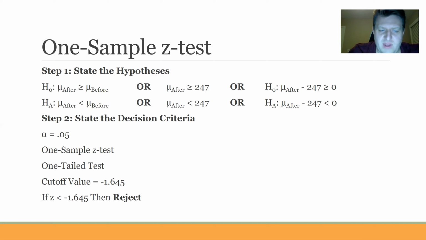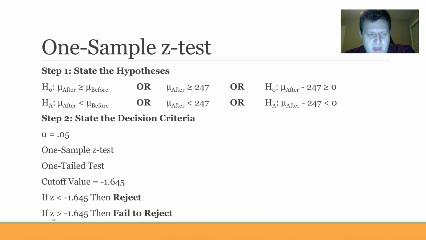So if our z-test statistic is less than negative 1.645, then we reject the null hypothesis. And if z is greater than negative 1.645, we fail to reject or retain the null hypothesis. Now, these two parts down here I've included for you. You don't necessarily need to include them in your step 2. If you include these 4 lines right here, you're perfectly fine. I'm just showing you this because sometimes people get confused about when to reject and when to retain.